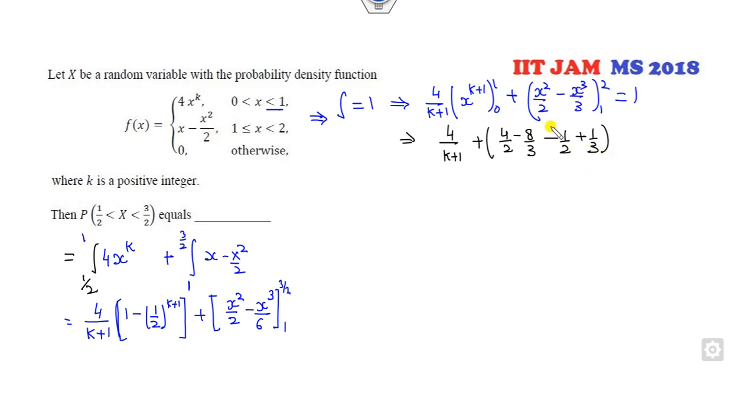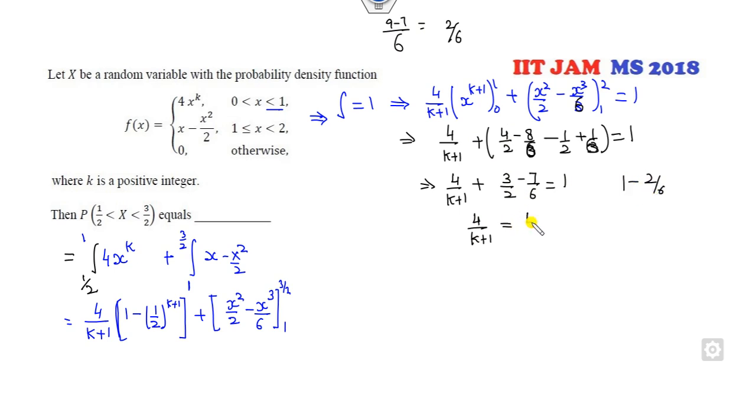Sorry, x cube over 3 is a 6. So it's a 6, and that is 1. So what is that? 4 over k plus 1. So 4 over 2 minus 1 over 2 is 3 over 2, minus 7 over 6 is equal to 1. So what is that? 4 over k plus 1. 6 is the LCM. So it will be 9 minus 7 is 2 over 6. So 2 over 6 and 1 minus. So it's 4 over 6. Fine.